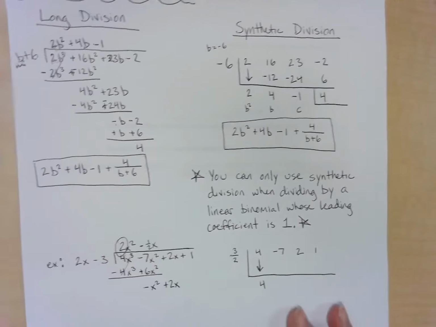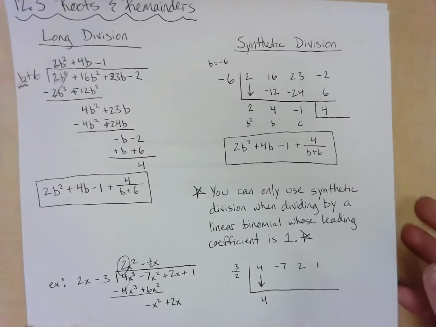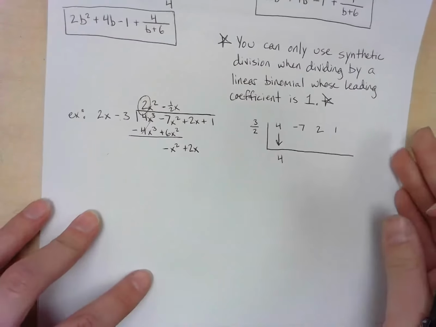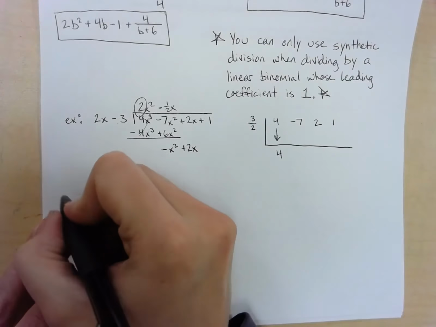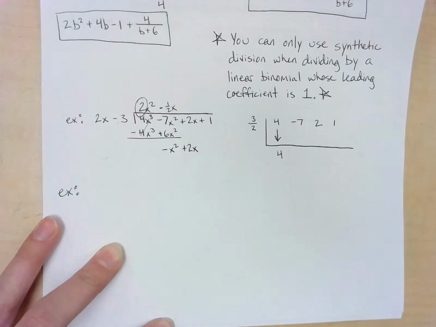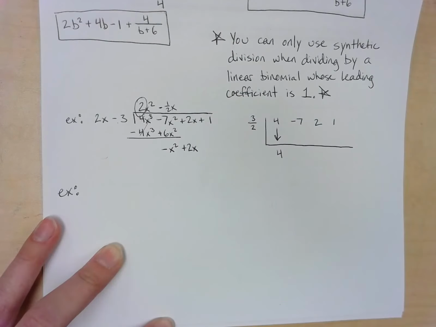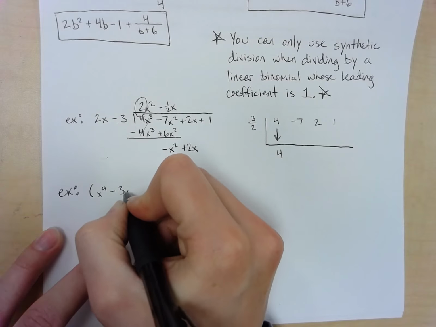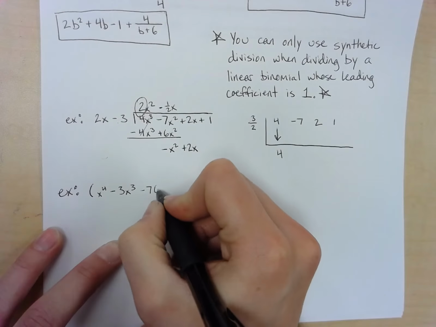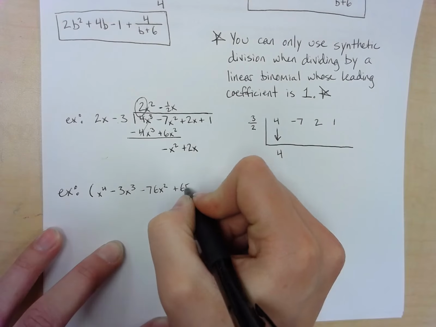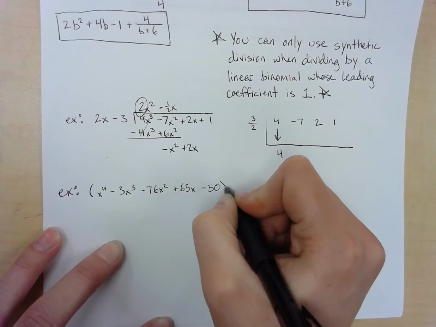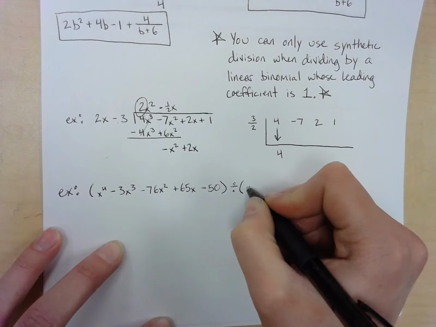So that's why. Okay, so let me have you try an example. I would like you to do x to the 4th minus 3x cubed minus 76x squared plus 65x minus 50 divided by x minus 10.